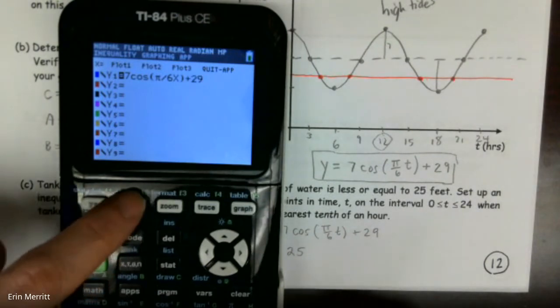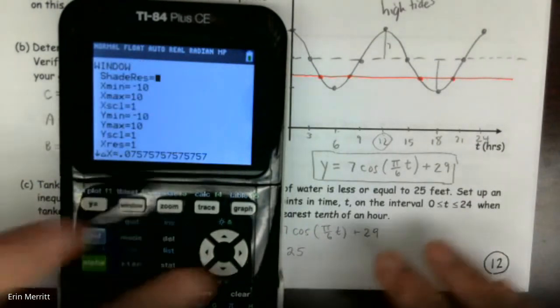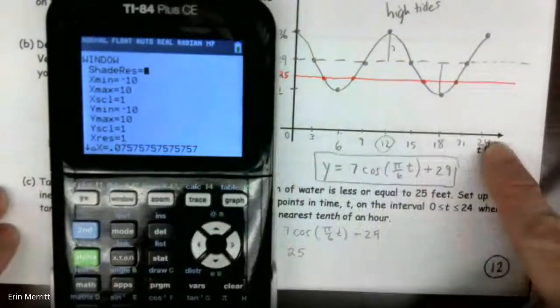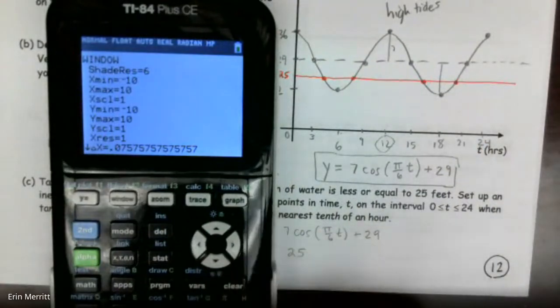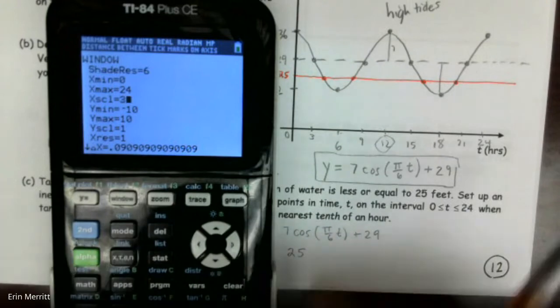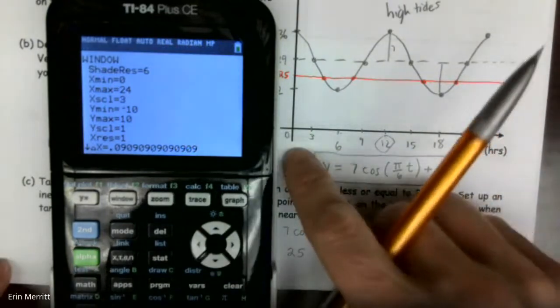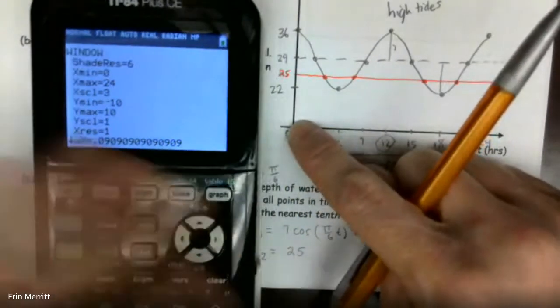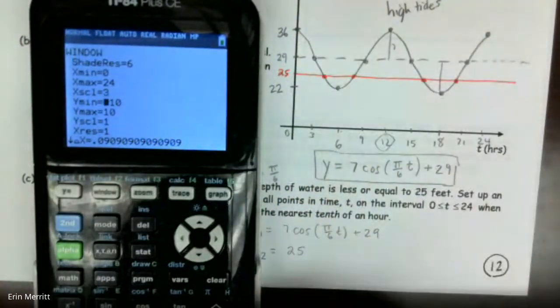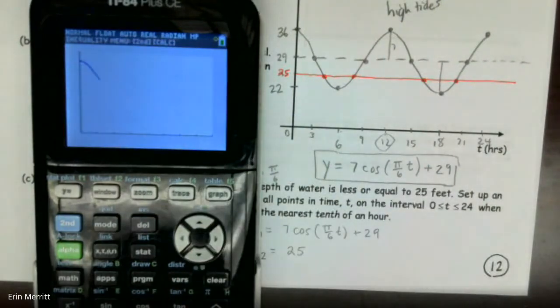Now I need to change my mode to make sure I'm in radians. Good. And my window, I'm going to set to match this right here. So the x value goes from 0 to 24. Scaling, I'll do every 3 tick mark, because that's how I have my tick marks here. And for my y scaling, I really need to see from 0 up to at least 36, so maybe I'll make it 40. Okay, and then I'll graph.